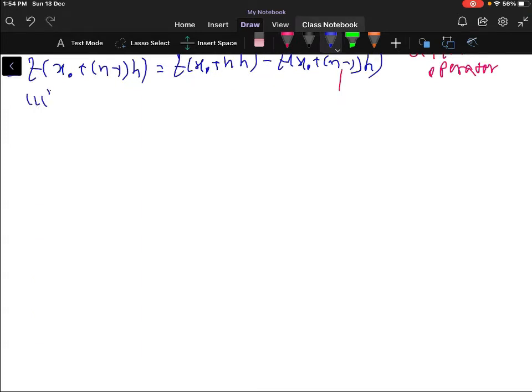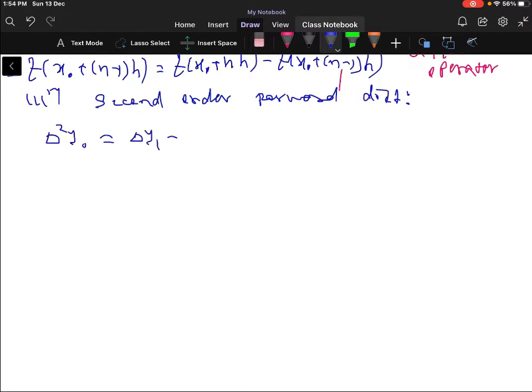Similarly, we can define second order forward differences. Delta square y naught is equal to delta y1 minus delta y naught.